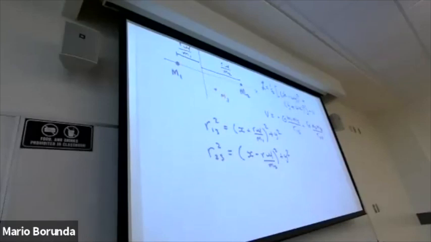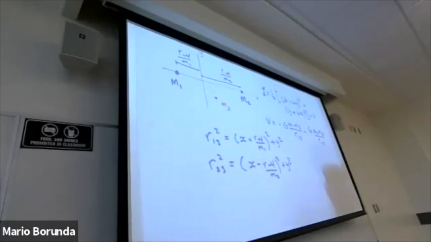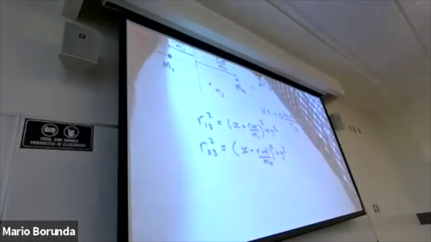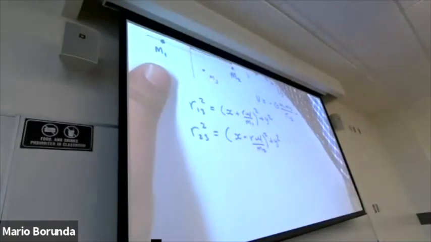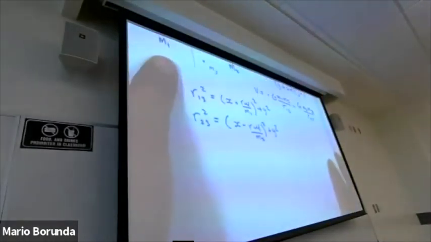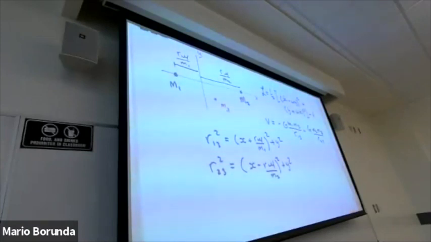All right, so the full solution for this problem, for this setup, is actually really complicated. So for instance, in 1889, Poincaré discovered chaos using this setup.